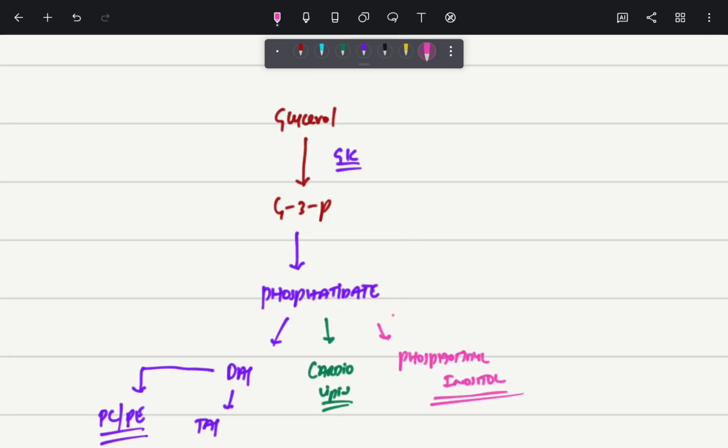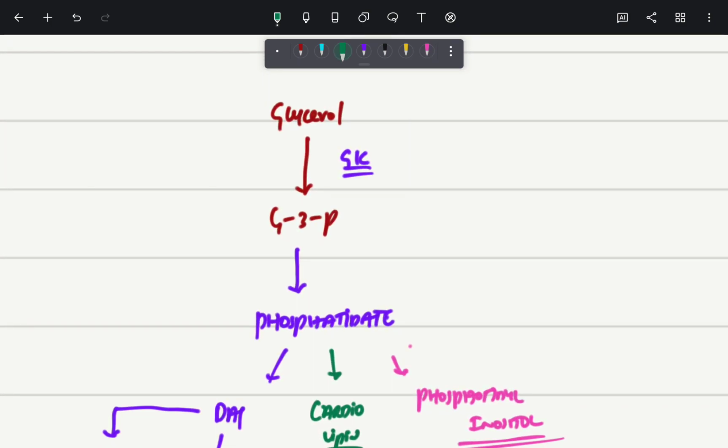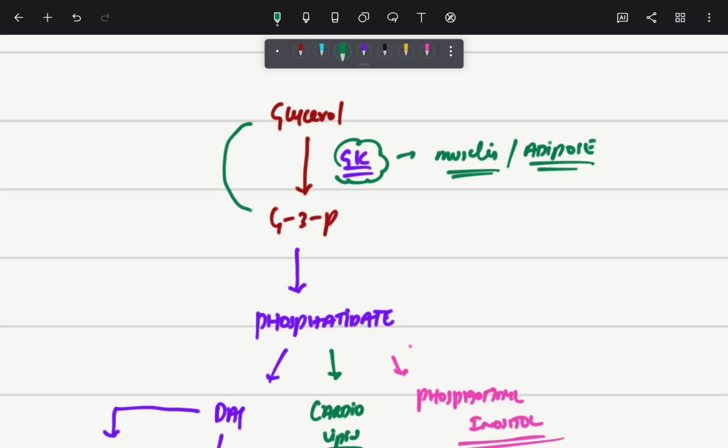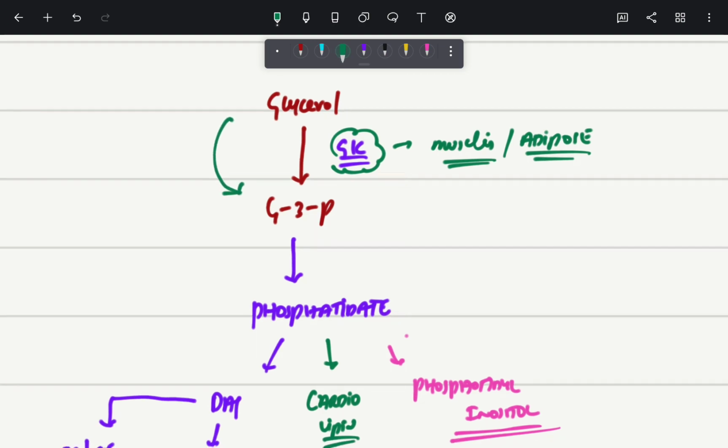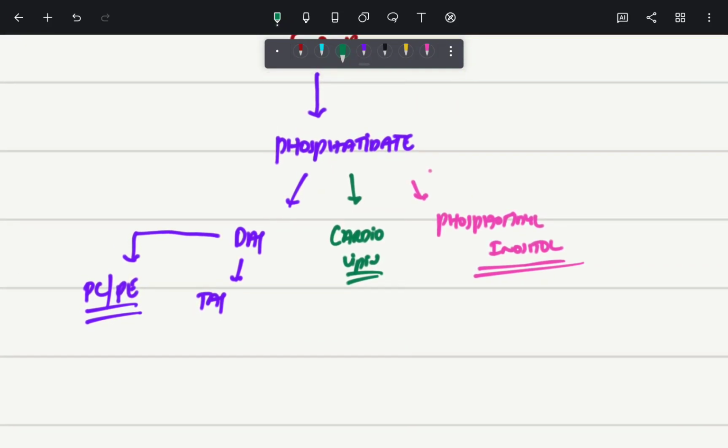Okay, now the main question is, I already told you, in some of the tissues such as your muscles and adipose, this glycerol kinase enzyme is deficient or low in number. So in these muscles or adipose tissue, how can we convert glycerol into glycerol 3-phosphate and synthesize the acylglycerols?